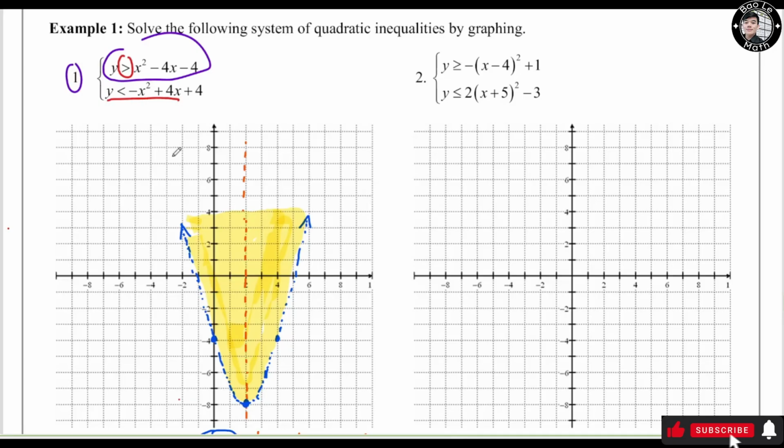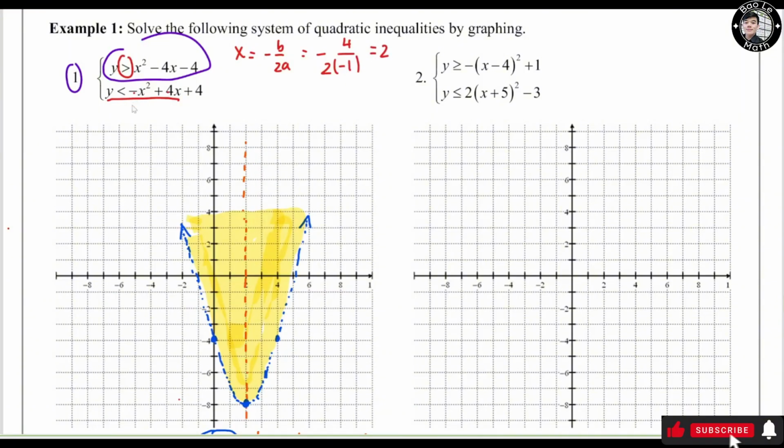We do exactly the same thing as the first one. First, we need to find the axis of symmetry x equals negative b over 2a. So negative b equals 4 right here over 2 times negative 1, so it's going to be 2. So it's still right here.